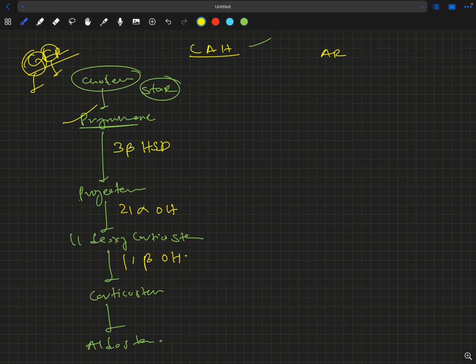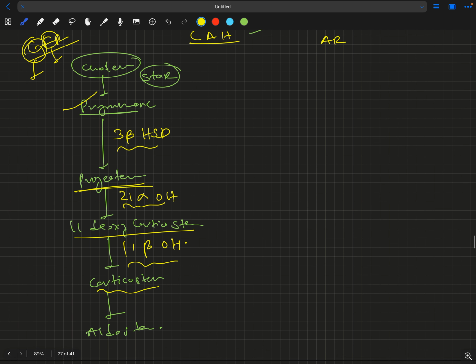From pregnenolone to progesterone, it is done by 3 beta hydroxysteroid dehydrogenase. From progesterone to 11 deoxycorticosterone, it is done by 21 alpha hydroxylase. From 11 deoxycorticosterone to corticosterone, it is done by 11 beta hydroxylase. From corticosterone to aldosterone, it is done by aldosterone synthase.